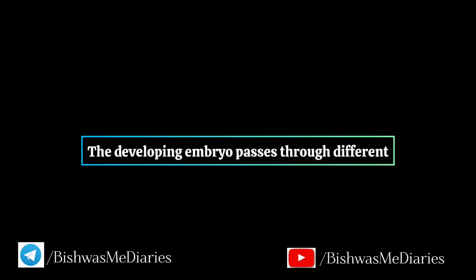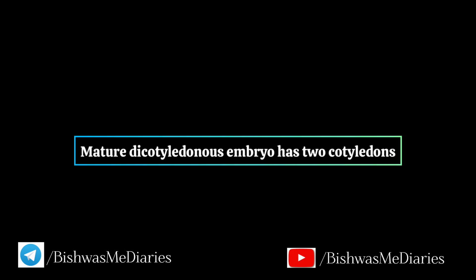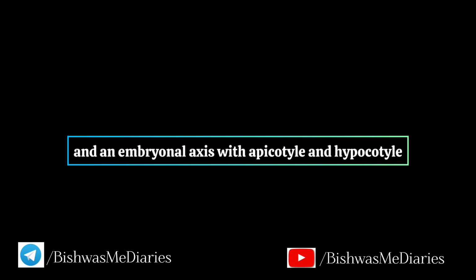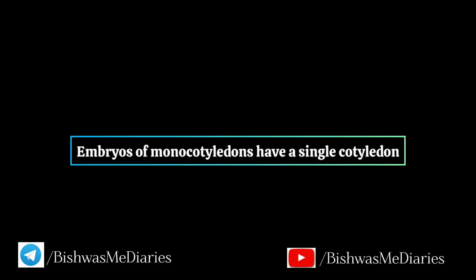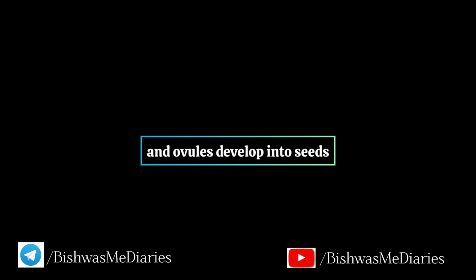The developing embryo passes through different stages such as the proembryo, globular, and heart-shaped stages before maturation. Mature dicotyledonous embryo has two cotyledons and an embryonal axis with epicotyl and hypocotyl. Embryos of monocotyledons have a single cotyledon. After fertilization, ovary develops into fruit and ovules develop into seeds.